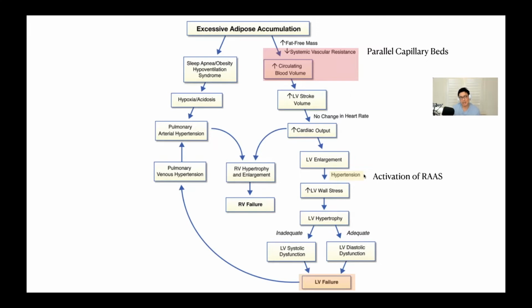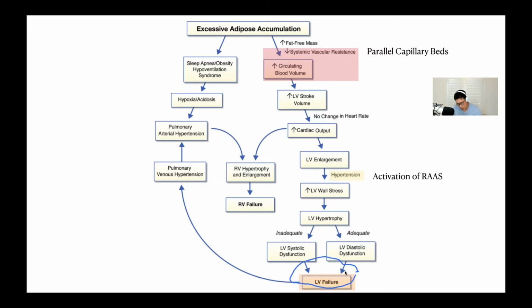The second thing that occurs is you get activation of your renin-angiotensin aldosterone system, and that leads to hypertension, which leads to increase in wall stress. And you can work your way down this diagram here and ultimately come down to left ventricular failure.